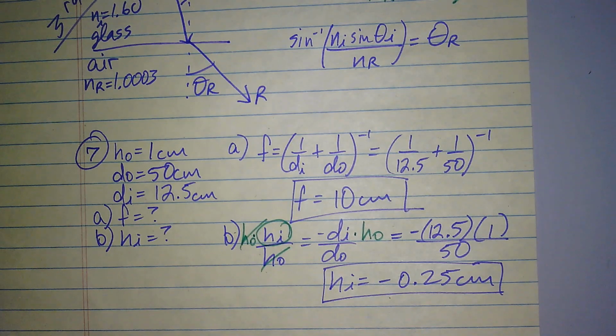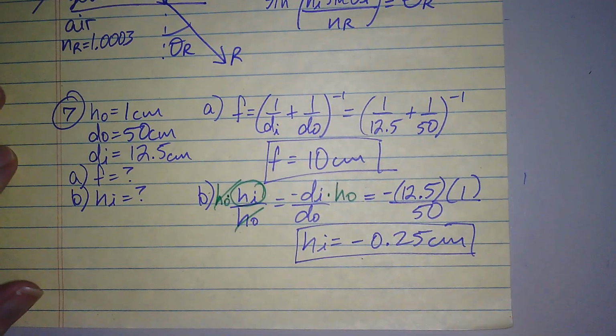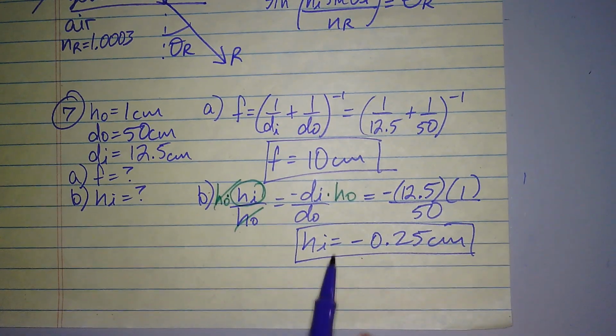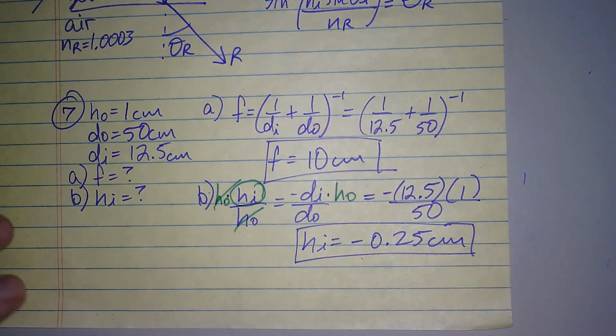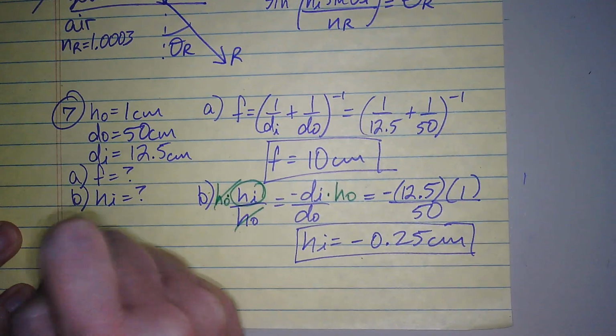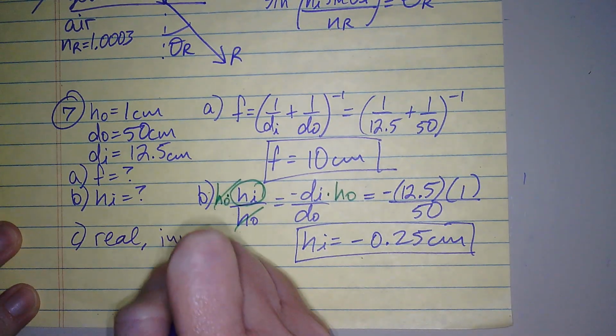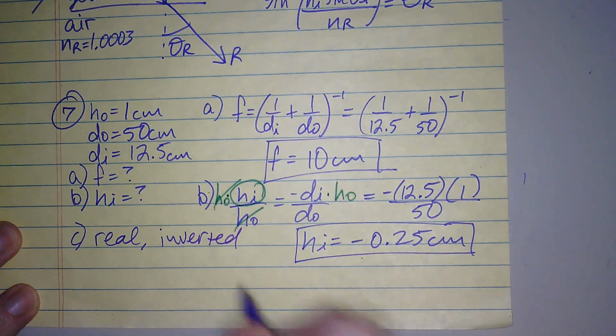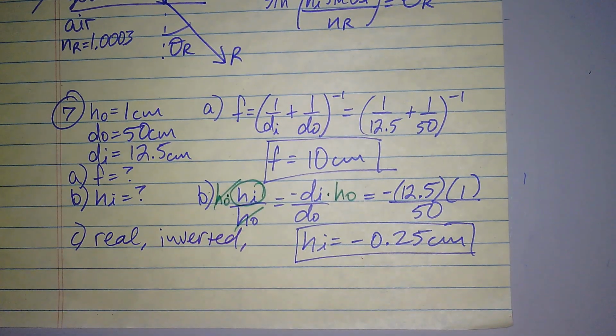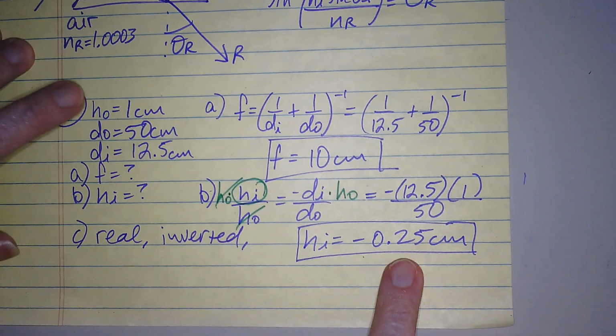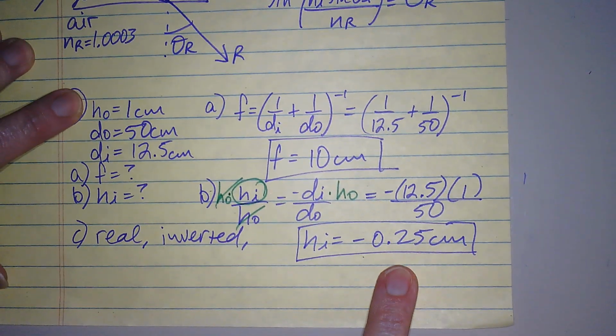So now we have to classify the image. My HI is negative. If my HI is negative, I know it's going to be inverted. If it's inverted, it must be real. So I know that this image is real and inverted. And then I have to figure out if it's magnified or reduced. I don't have to calculate M. I just look at the HO compared to the HI.